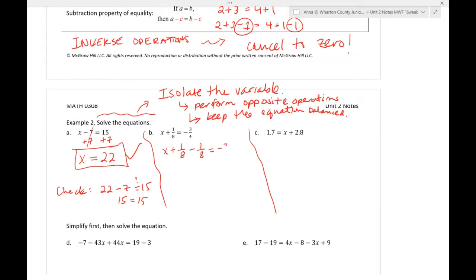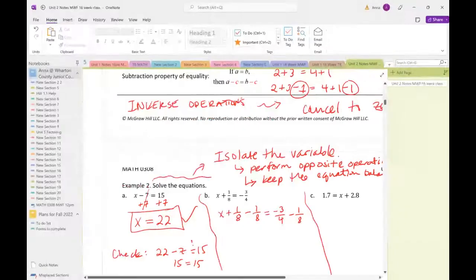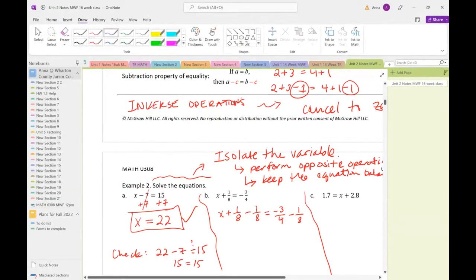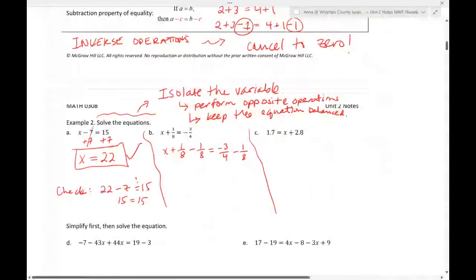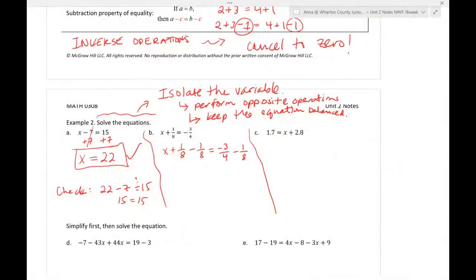But what I do on one side, I have to do on the other to keep my equation balanced. So in this case, I'm going to switch to a different color for a moment. What ends up happening is positive 1/8 minus 1/8 cancels to 0, just like we wanted. So we get x plus 0, which is the same thing as just x, equals negative 3/4 minus 1/8.